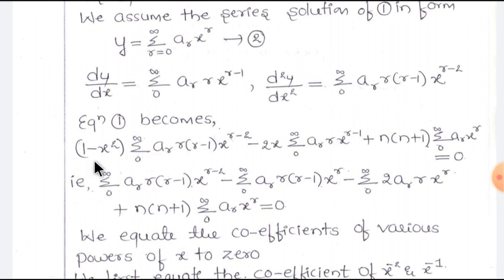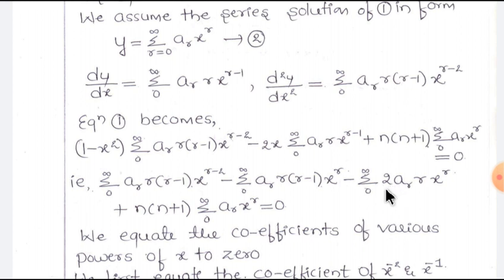Is 1 minus x square term is there, simplify, remove bracket, we get first term is summation, it starts from 0 to infinity ar into r minus 1 x to the power r minus 2. Second term minus of x square into this term, so here it is x square, first keep the term, summation is from 0 to infinity ar into r minus 1 x square into x to the power r minus 2, so here plus 2 minus 2 get cancels, remaining term is x to the power r minus 2.